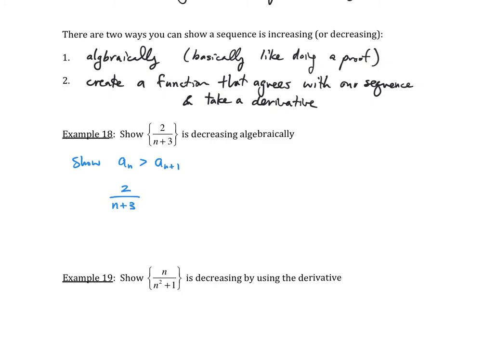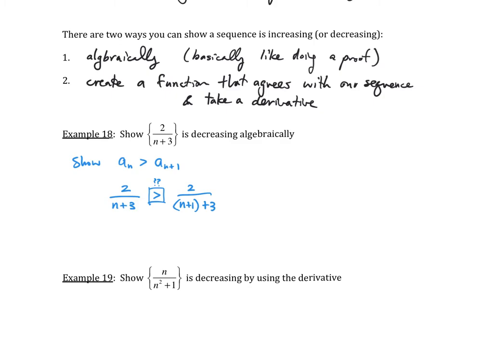And then I want to compare it with a_(n+1), which is obtained by writing our general term, but anywhere I saw n, I'm going to replace that with n plus 1. So really, this is going to be 2 over (n plus 1) plus 3. And my goal is to show that the left side is bigger than the right side. So we're questioning whether that's true.